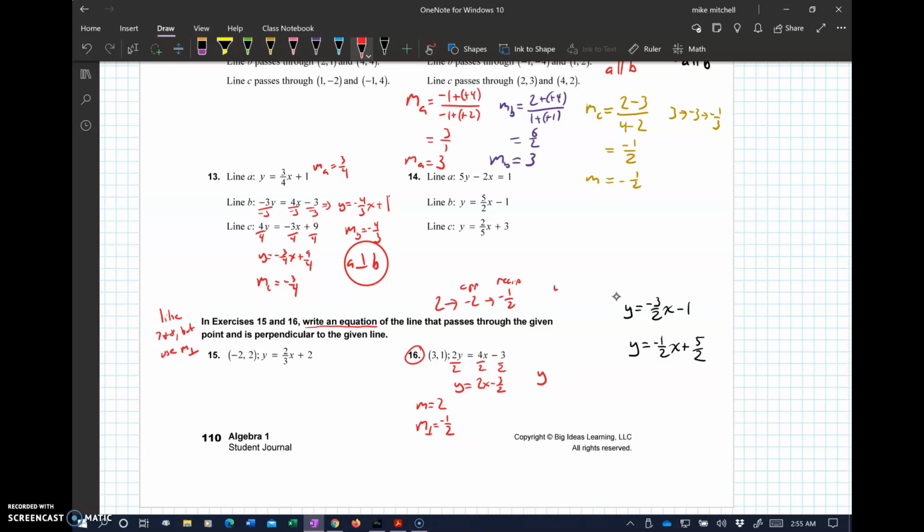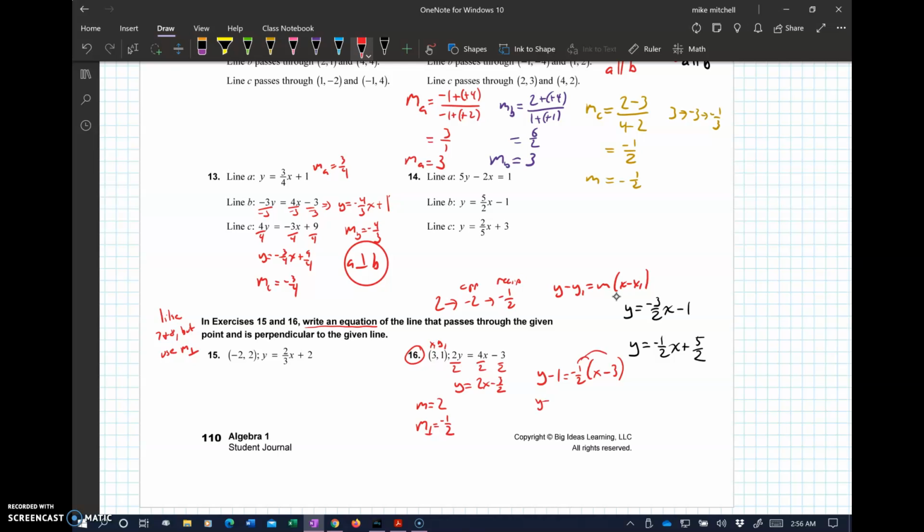We're using again y minus y1 equals m times x minus x1. Plug everything in, get it in slope-intercept form. There's my x1 and my y1. Y minus 1 equals negative 1/2 times x minus 3.